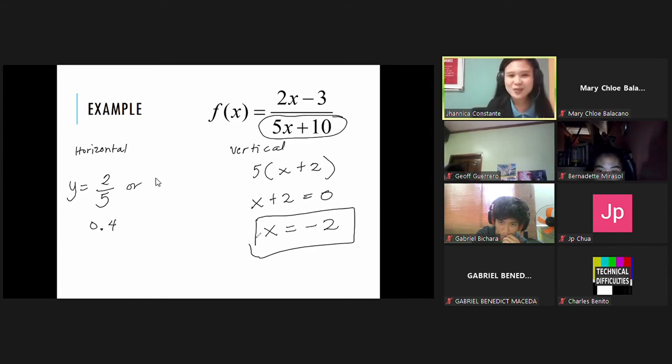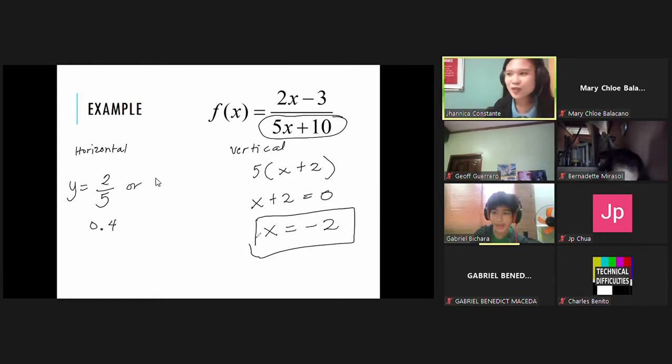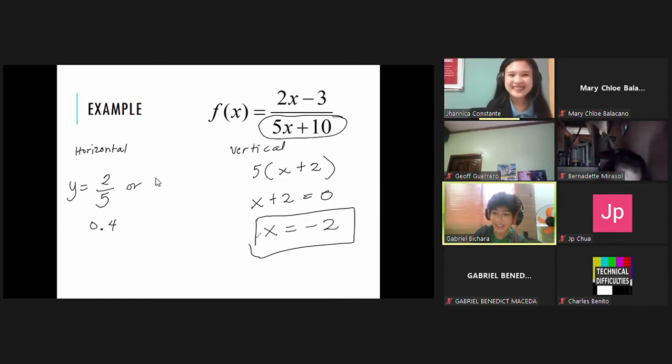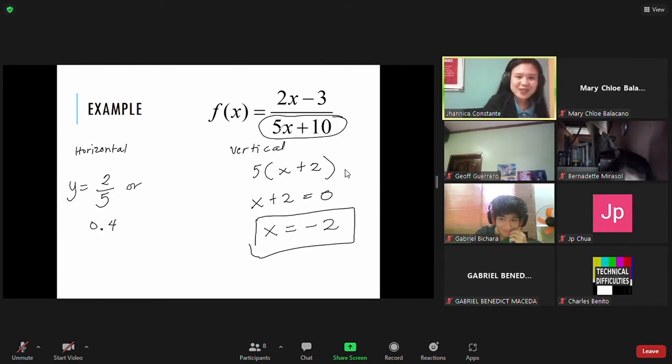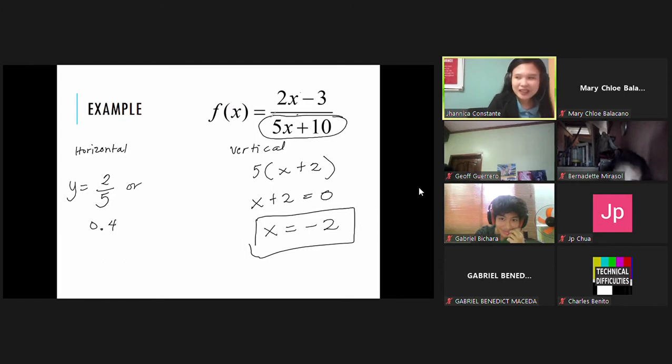Okay, question in this example. How do you find the horizontal asymptote again? To find the horizontal, if they have the same exponent, you're going to divide the coefficient of your variable x.